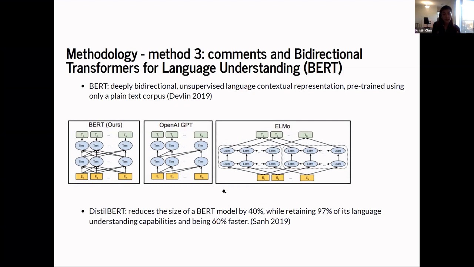So it's considered a game changer in this field because it provides deeply bidirectional unsupervised contextual language representation. For computation purposes, we use DistilBERT, which is the distilled version of BERT. It reduces the size, runs faster, but still retains 97% of its language understanding capabilities.